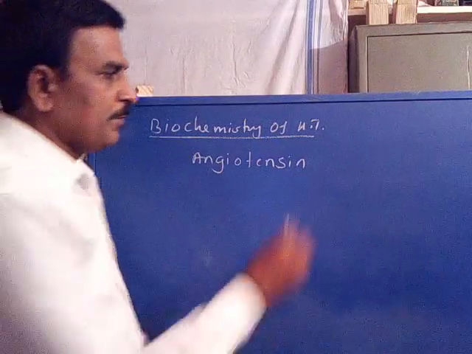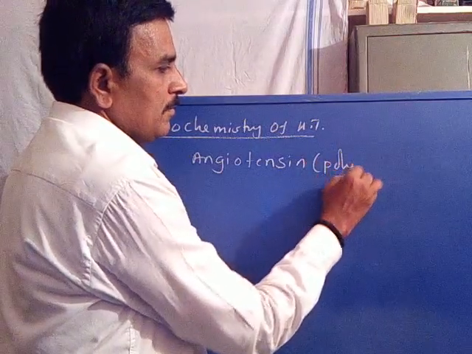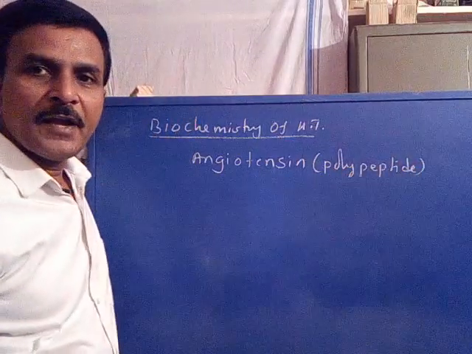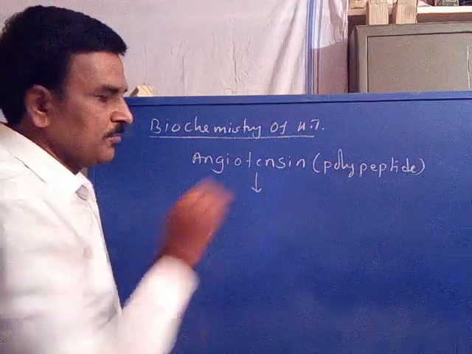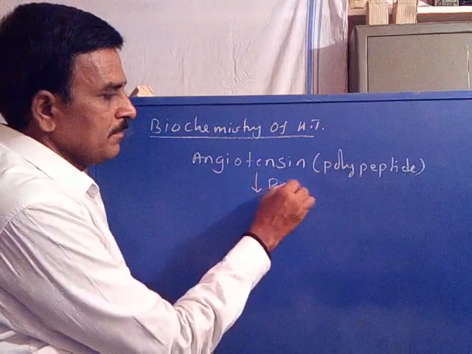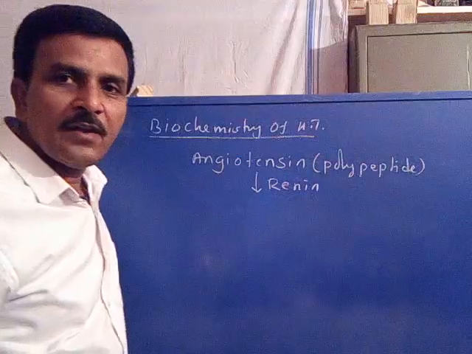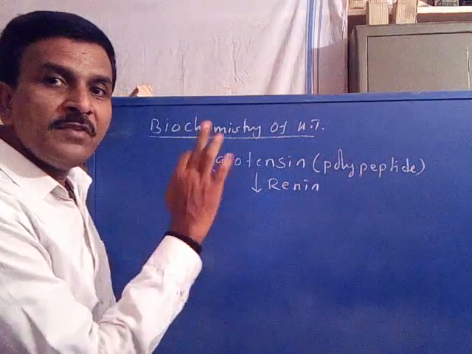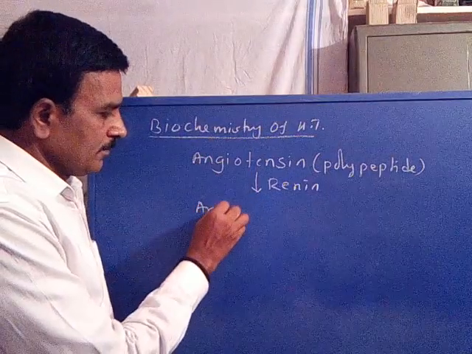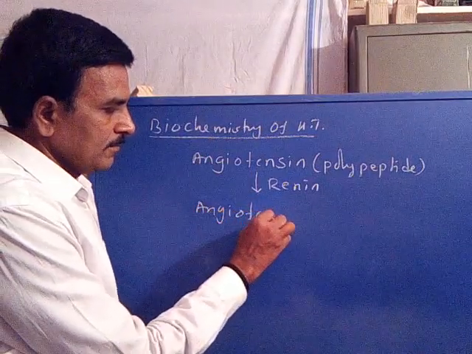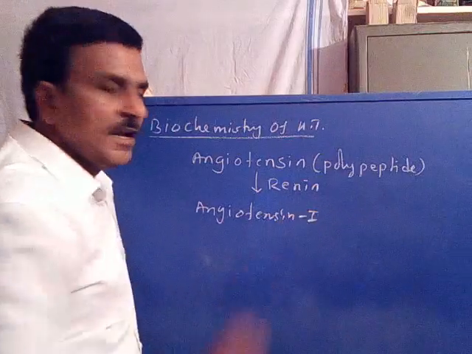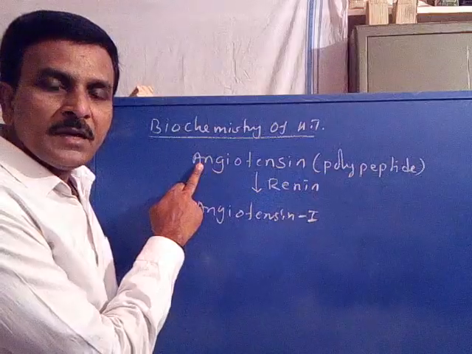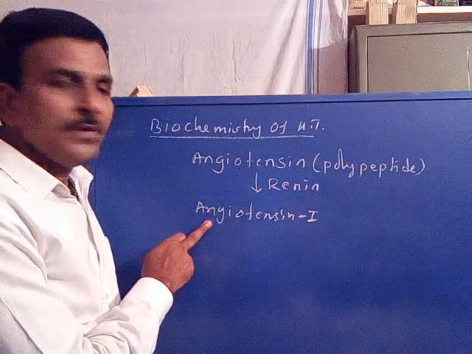It is hydrolyzed first by renin, which is a hormone, into angiotensin 1. So the polypeptide angiotensinogen is hydrolyzed with renin to give angiotensin 1.